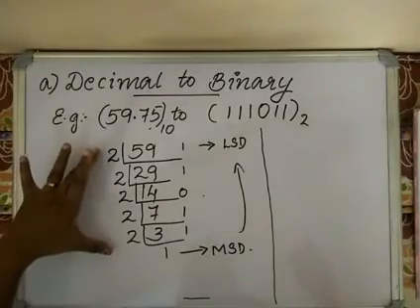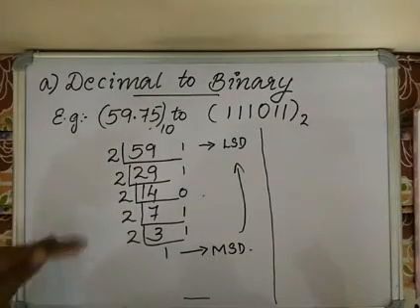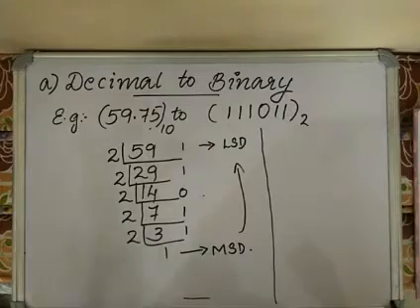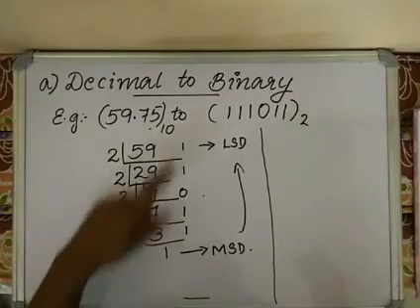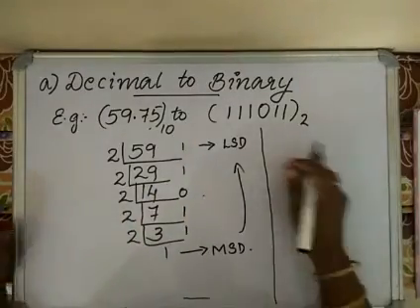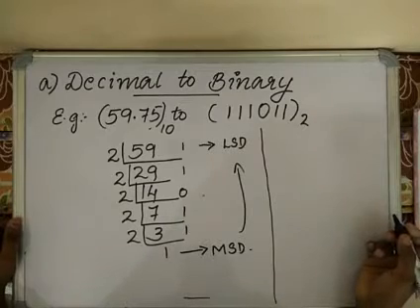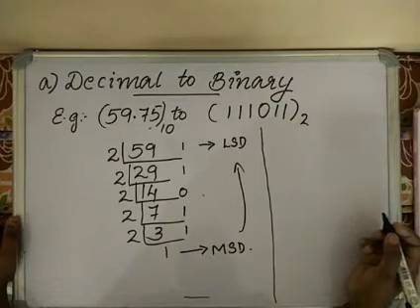For the integer part, we divide the number and its successive quotients by 2, then accumulate the remainders from MSD to LSD. So consider this example, 59.75. That means the number has a fractional part also.